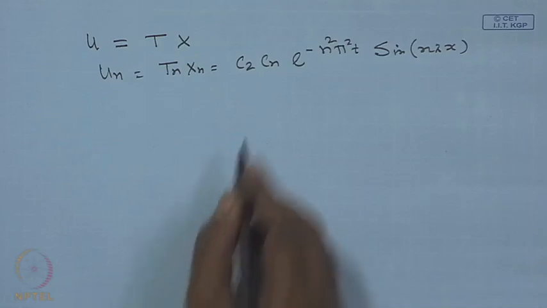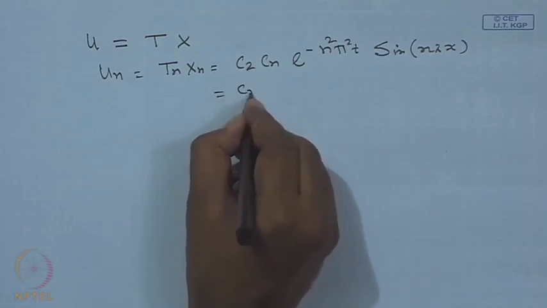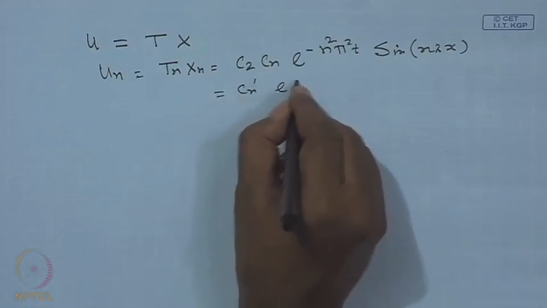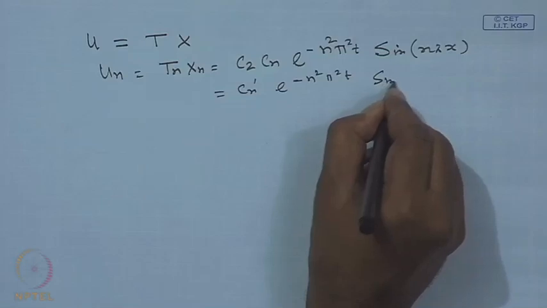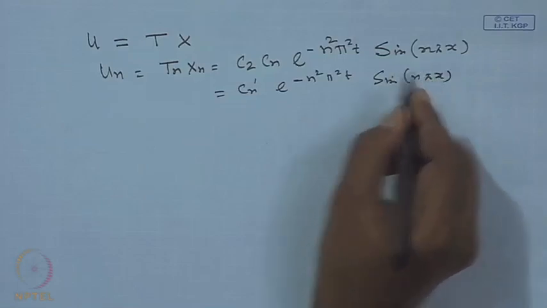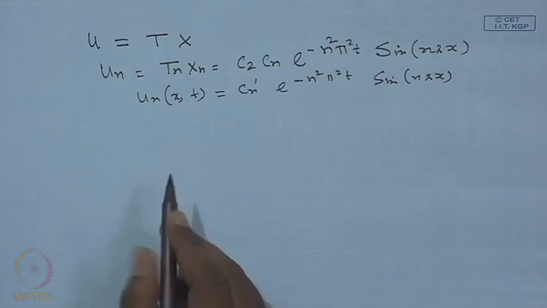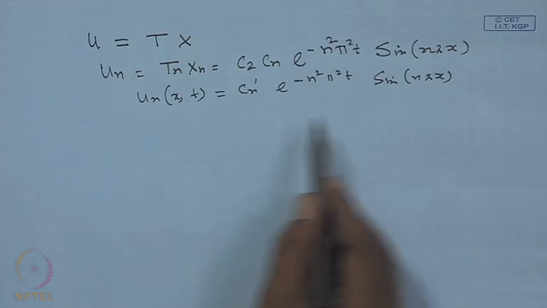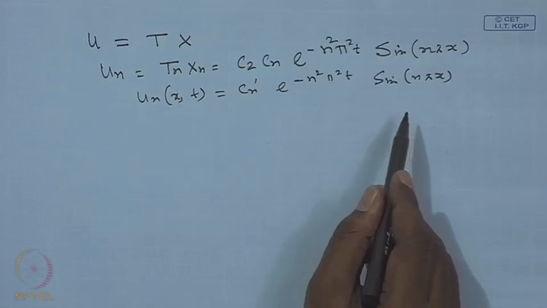Now, C2 multiplied by C n will be a new constant. So, we call that constant C n prime, e to the power minus n square pi square t sin n pi x. So, that is the nth solution corresponding to the nth eigenvalue and nth eigenfunction.